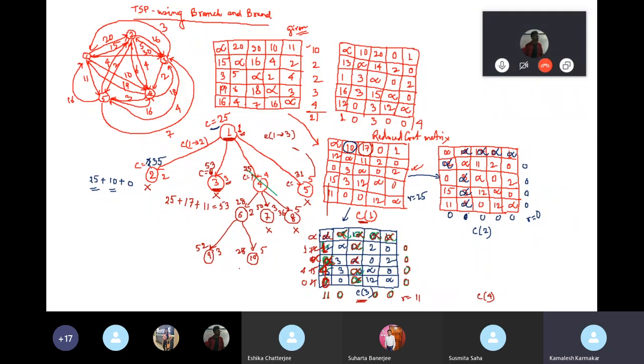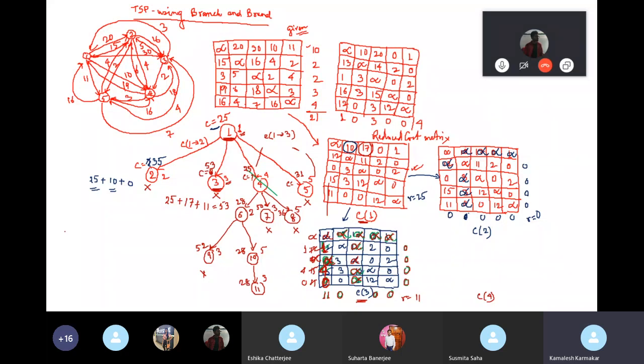So minimum is 28, so the other will be rejected. And finally, the next vertex you are going to visit is 1, 4, 2, 5, then this one should be 3. If you calculate it, the cost will be 28 again.